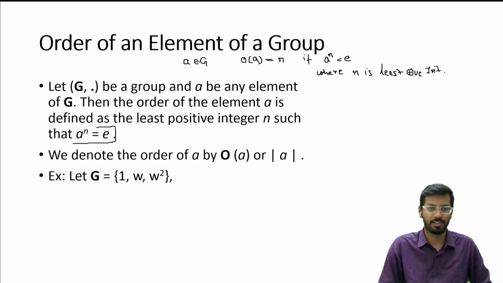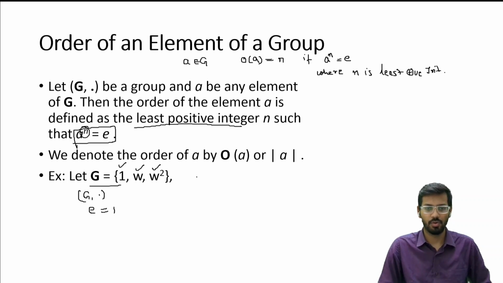This equation should be satisfied where this n is the least positive integer. For example, if you take the same group G with 1, omega and omega square, where 1, omega and omega square are cube roots of unity. So here we know this is group G with binary operation multiplication, and here identity element e is 1.